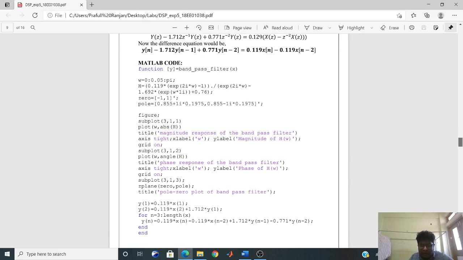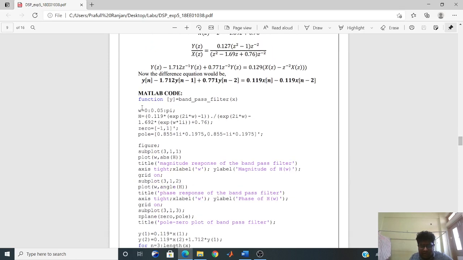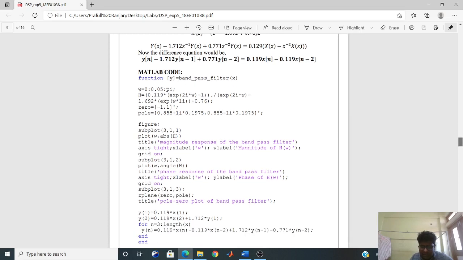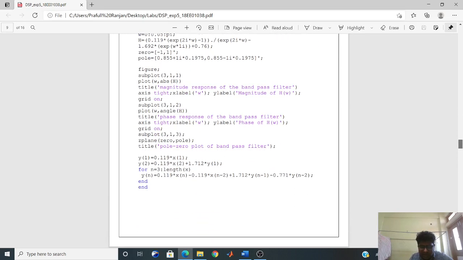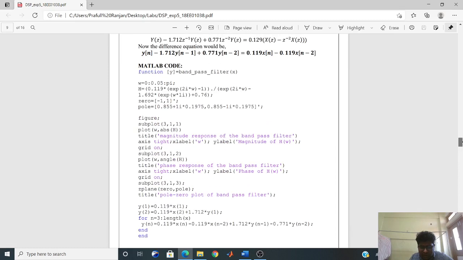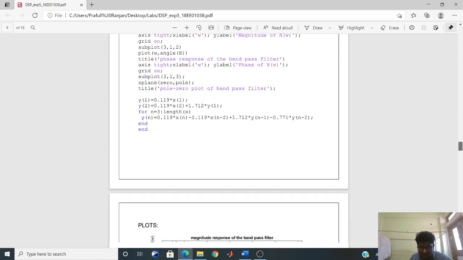This is the MATLAB code. In this one also I have plotted from 0 to pi, and the equation I have written from above, and these are the poles and zeros I have calculated from H of z, which can be easily calculated. In this one I am passing the values of y, the band pass filter, giving the output of y using the difference equation.